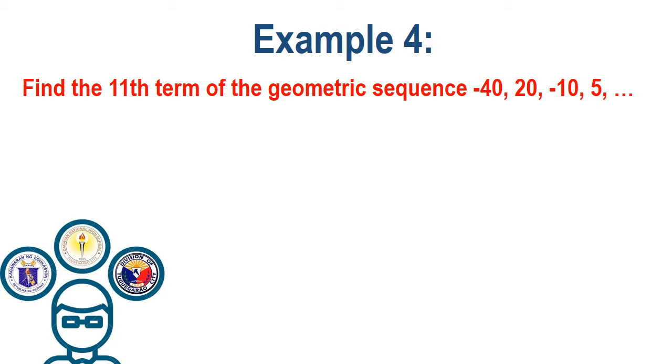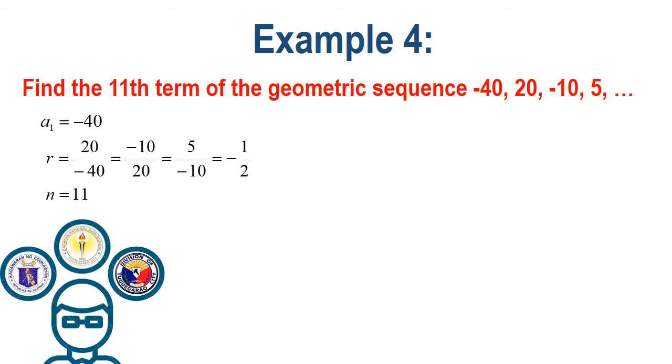The given geometric sequence has first term which is equal to -40, and the common ratio r is determined in the following manner. r is equal to 20 over -40, which must be the same as -10 all over 20, and which is also the same as 5 over -10. And that gives us an answer which is equal to what? -1/2. Consider n to be equal to 11.